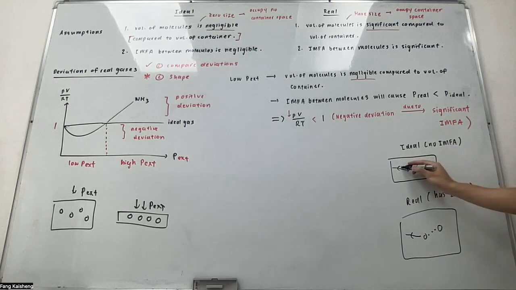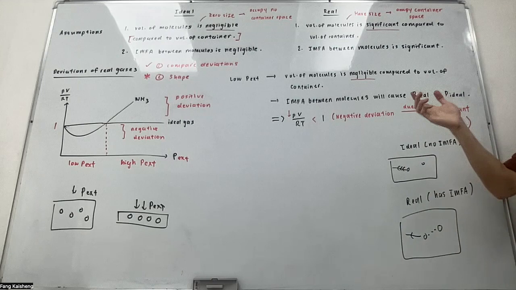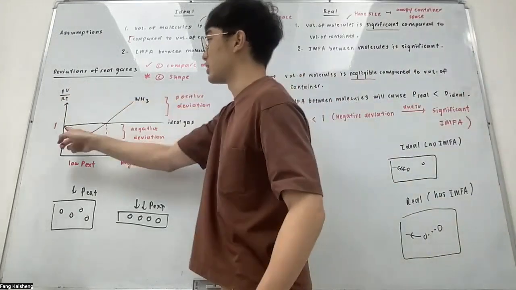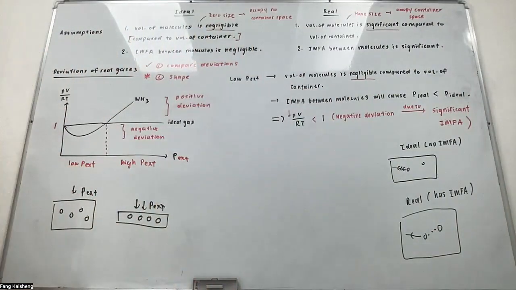Maybe I can draw 3 arrows here to show that it really whacks the wall, but for this one, 1 arrow to show that it doesn't hit the wall as hard. So once again, lower pressure. That's why the fraction here is lower, it goes down. Makes sense so far?